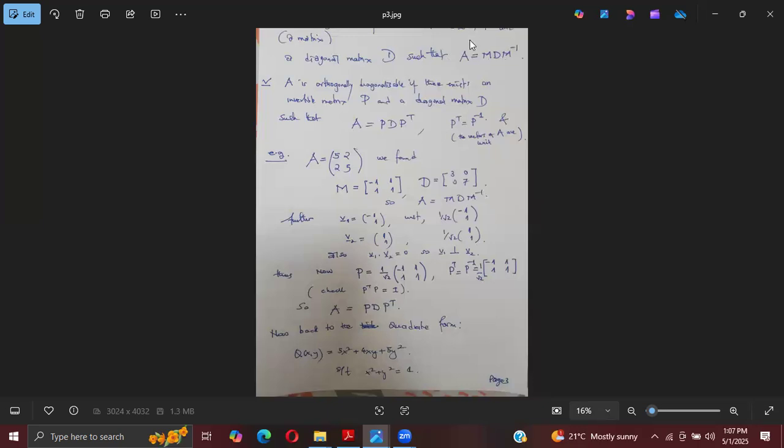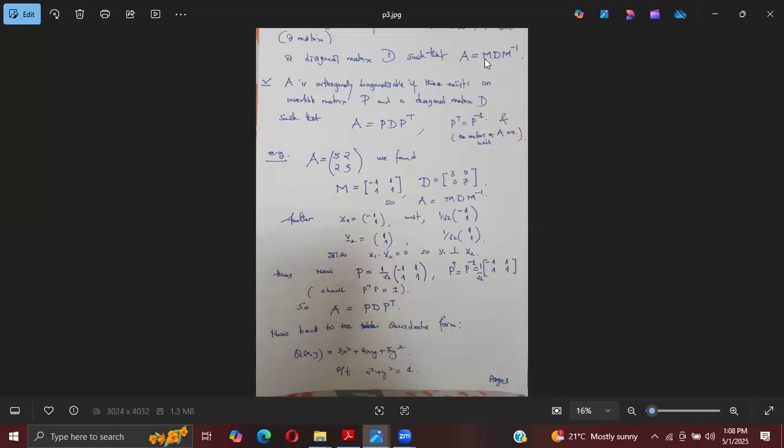This is the definition. Invertible means that M inverse exists, the inverse of M, meaning that M times M inverse is the identity matrix.